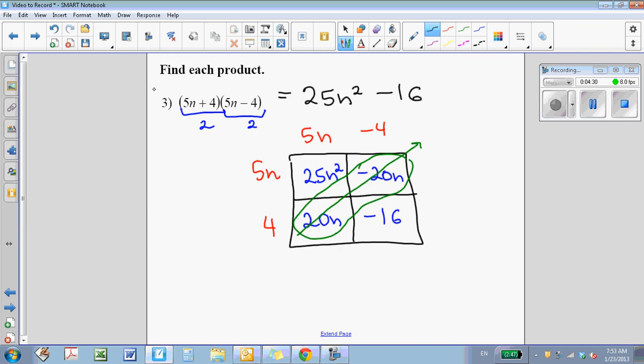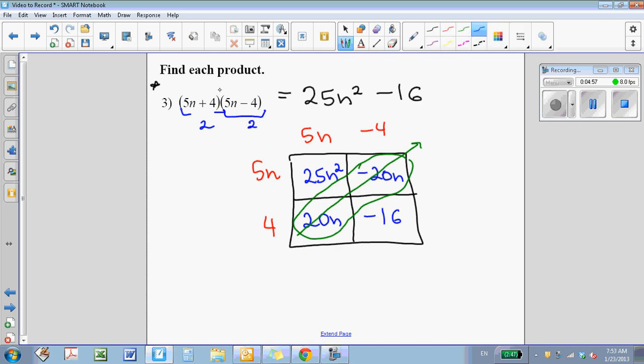And this is called a special product, a difference of two perfect squares. Every time you have the same first term and the same second term, where in one factor we have a plus and in the other one we have a minus, every single time we see this, our middle terms will always cancel out.